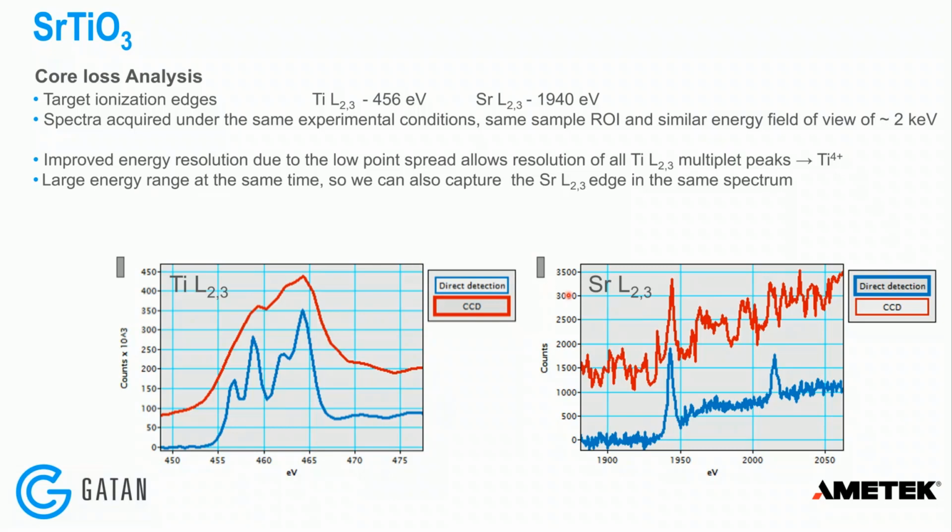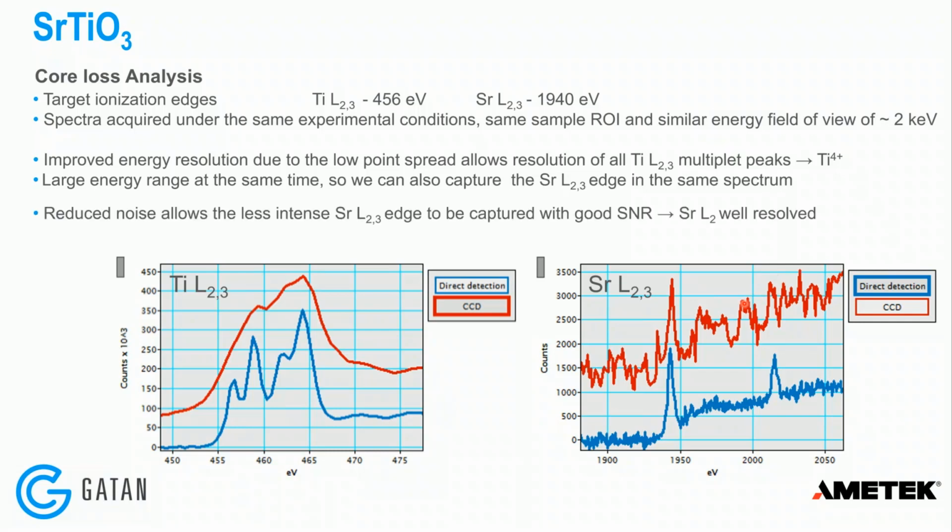Then if we look at the strontium edge, compare this one with this one. Our counting detector has much better noise performance, so the noise floor is lower and the quality is better. One thing that's quite apparent here is you can resolve the L2 line of the strontium L edge in the counting data, but you can't resolve that peak in the data from the CCD.